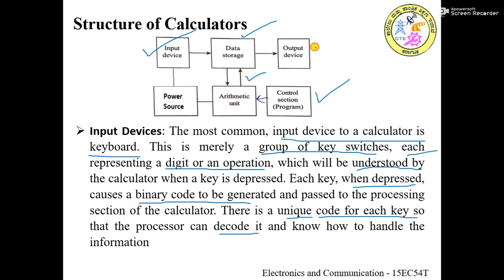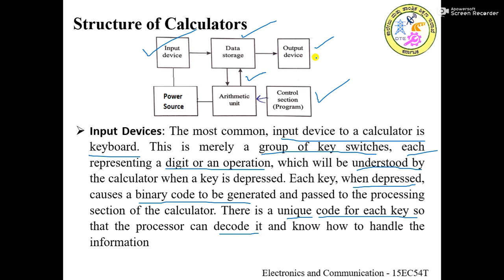Next one is the output device. Usually whenever the result is ready, the result has to be showcased to the user. How are you showcasing the result to the user? Some calculators may use luminous displays like a 7 segment display or LCD display, or in some calculators there is a facility to print the result as well.